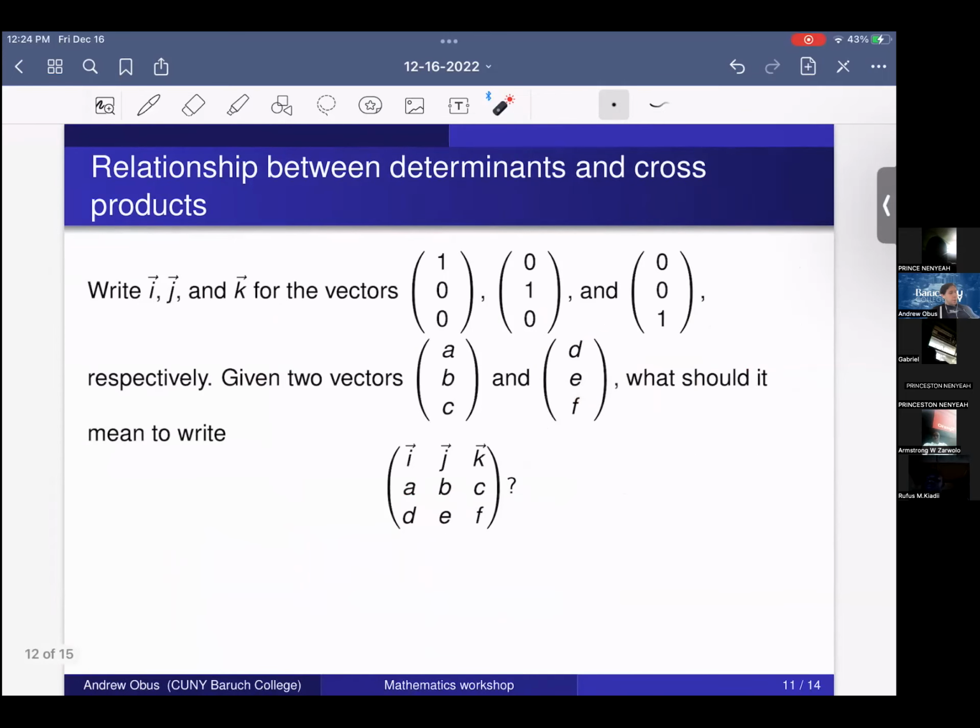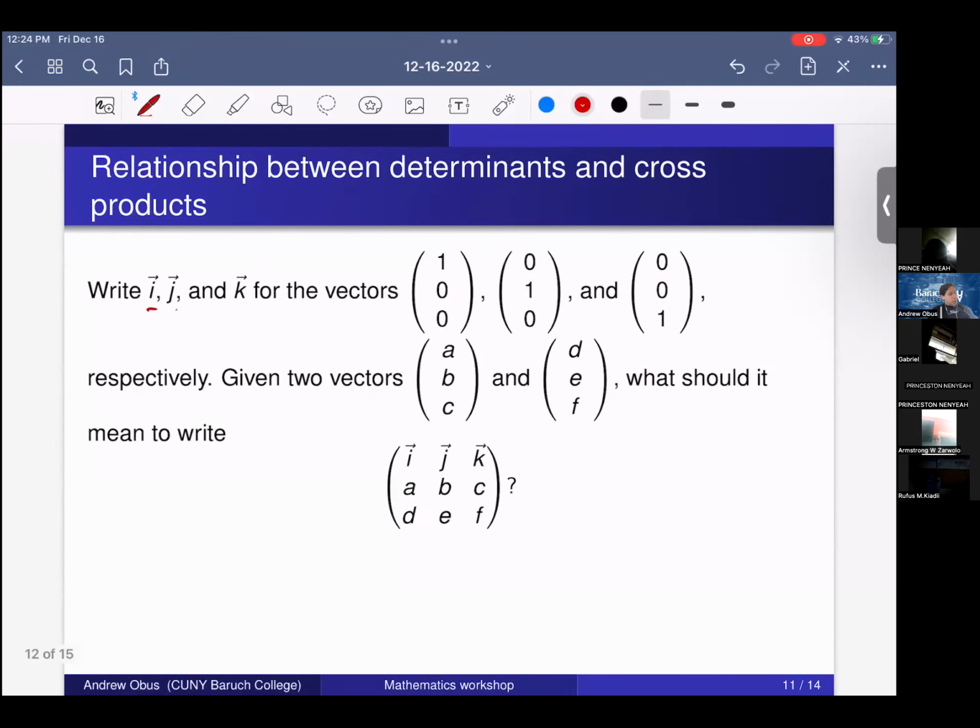So I first need a little notation. You'll sometimes see this in physics books or in math books. We have three special vectors in R3: the vectors 1, 0, 0, then 0, 1, 0, and 0, 0, 1. Sometimes we give these vectors names.